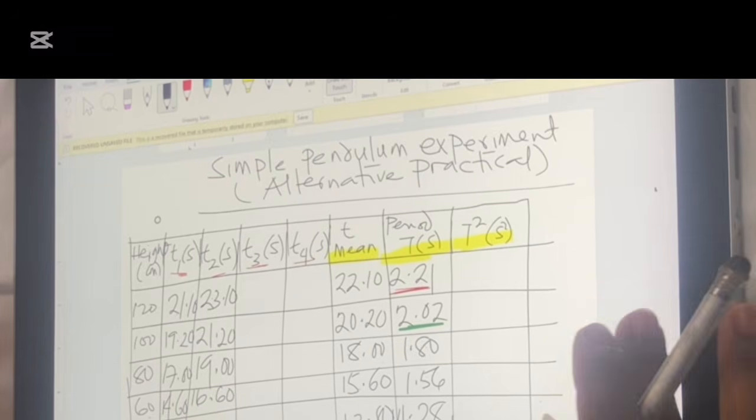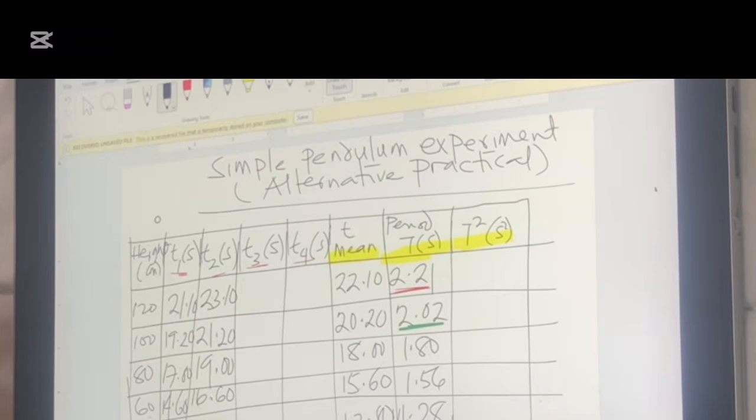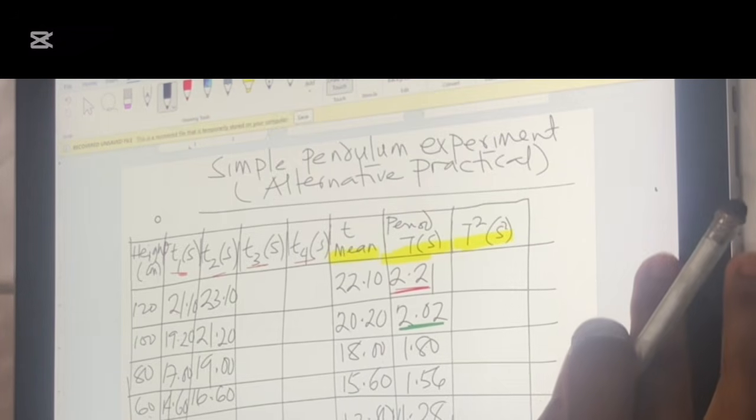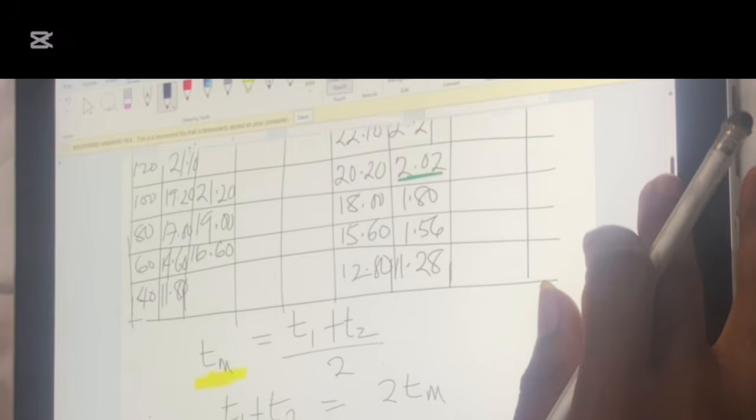Now the next one is 12.80. 12.80 times 2, now minus 11.80. So I'll have 13.80.